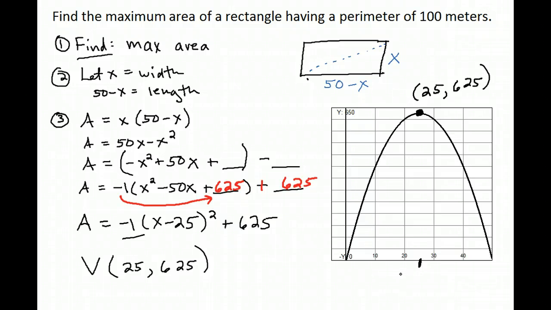Remember that this x stands for the width of your rectangle, and the y-axis stands for the area. So where is the area the highest? It's the highest at the vertex. So the biggest area you can get is 625 square meters, and it's going to happen when your width is 25. So now I can write my conclusion.